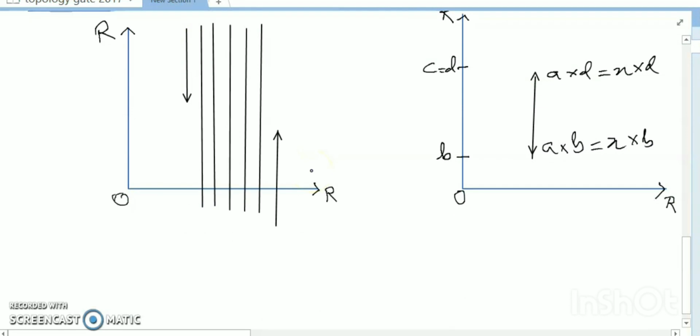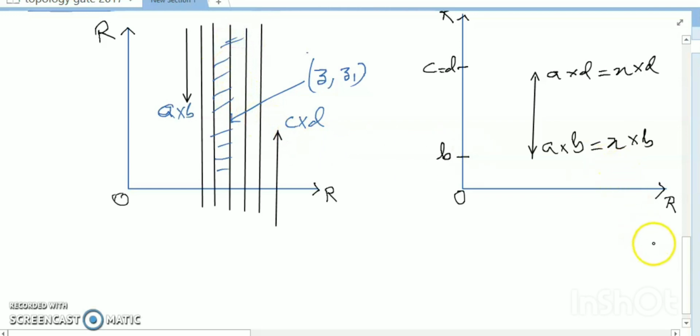Here, C cross D and A cross D, and this is my total area.